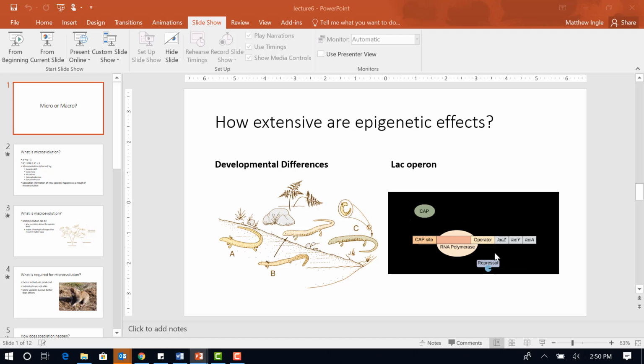Very interesting that it seems that these epigenetic effects are very extensive, and in many cases do a better job of explaining the differences among organisms, or the differences in the development and life history of an organism, than changes in the genome. So our modern understanding of molecular biology is complicating the picture of natural selection and random mutations fueling biological evolution.